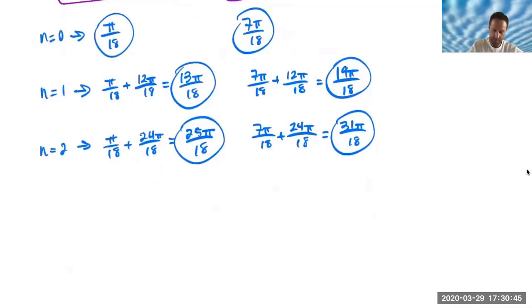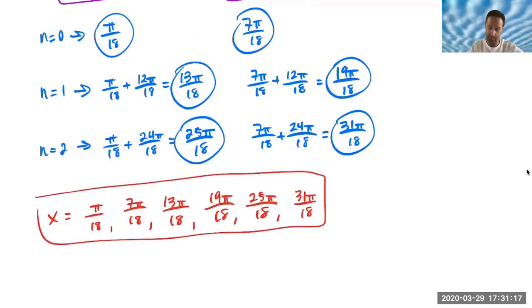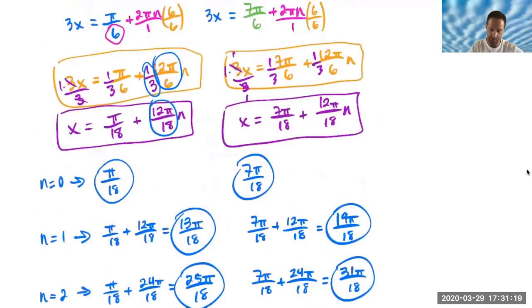And so to write my final answers all in order, the way that you would see them on a test or quiz, if it was multiple choice, you would say my solution set from smallest to biggest. And don't forget, they asked us to find everything between 0 and 2 pi.